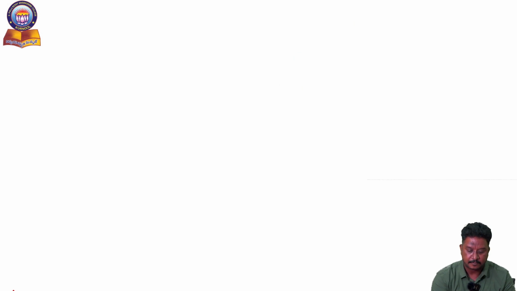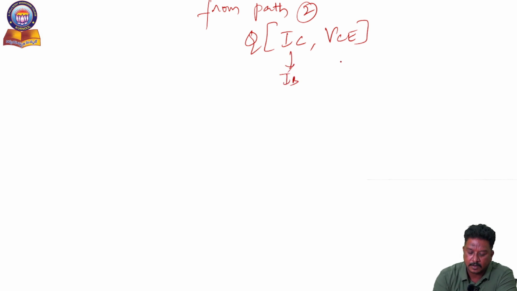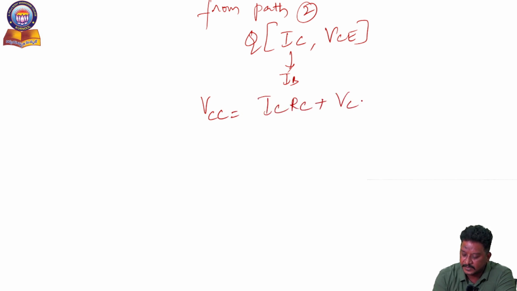Similarly, from path 2 of the above circuit, we have to locate the other point of the Q point. The Q point IC is located. We have to locate VCE. IC is located from IB. Similarly, we locate VCE by applying the KVL to path 2, so that we get VCC is equal to ICRC plus VCE.